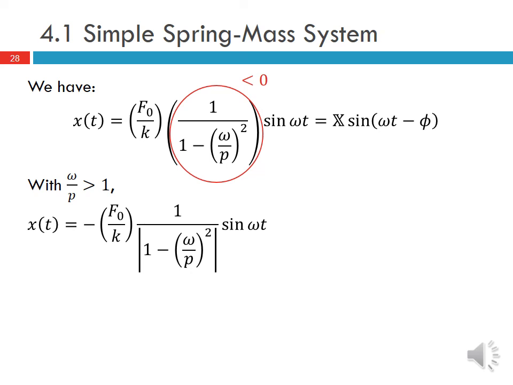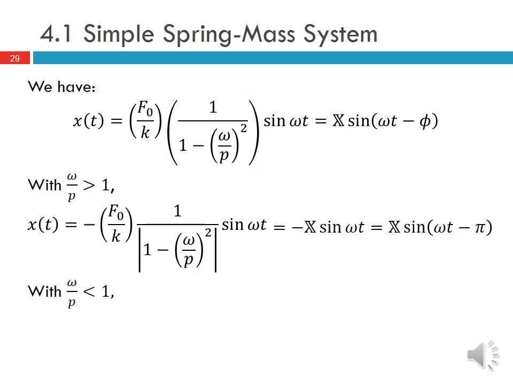So we can write it as this here, bringing the negative out and writing this as the absolute value. So this is equal to negative x sine omega t. Again, this is when omega over p is greater than 1, so it's out of phase. This can be written equivalently as x sine omega t minus pi.